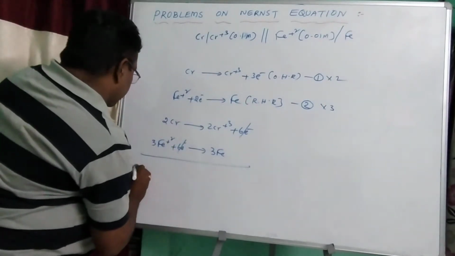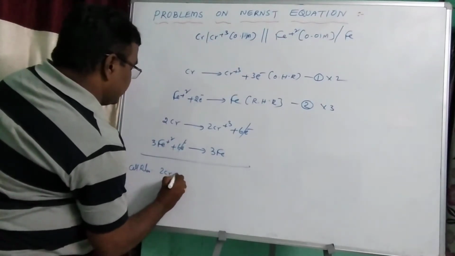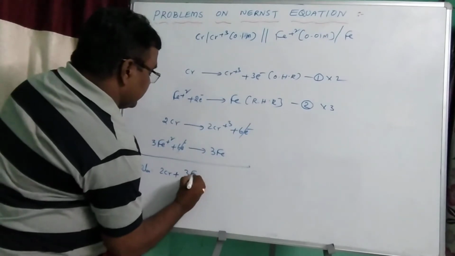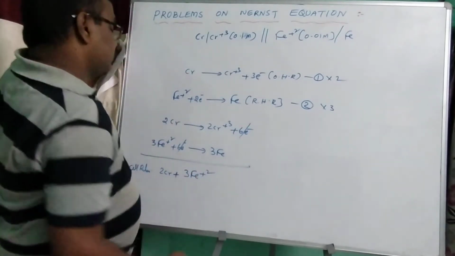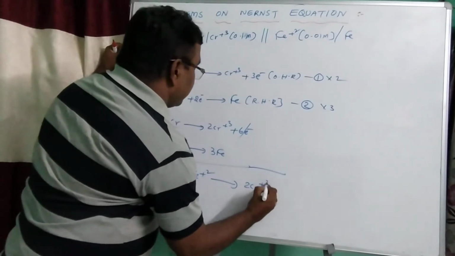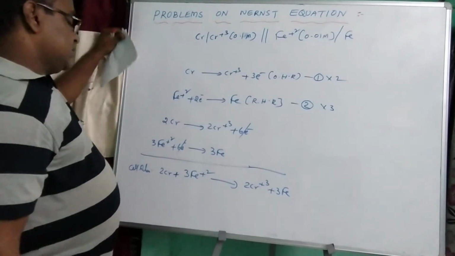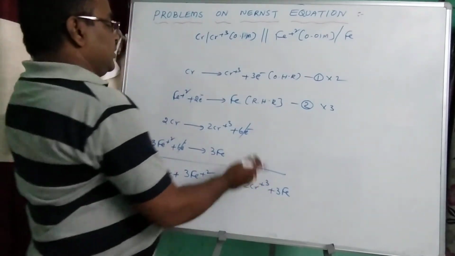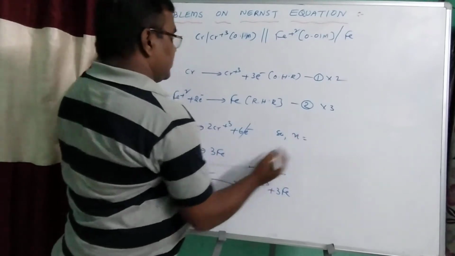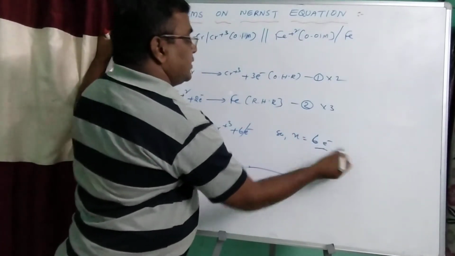Therefore the cell reaction is 2Cr plus 3 Fe plus 2 gives 2Cr plus 3 plus 3 Fe. This is the cell reaction. Here the number of electrons involved in the reaction is 6, so n is equal to 6.